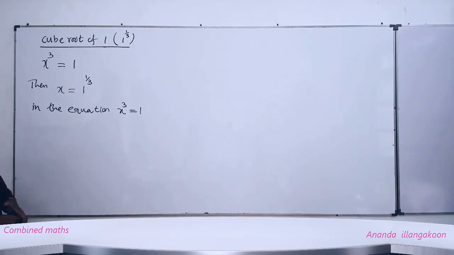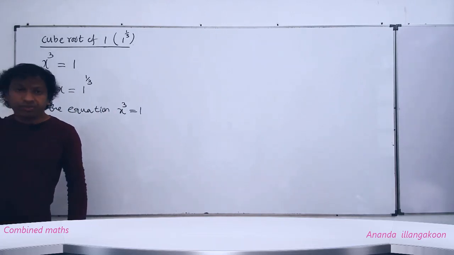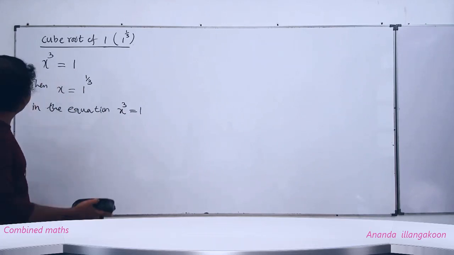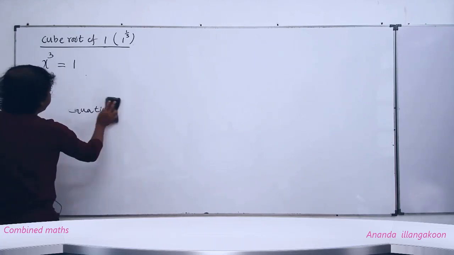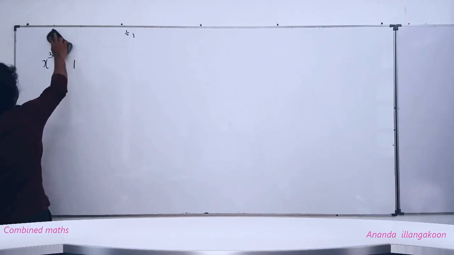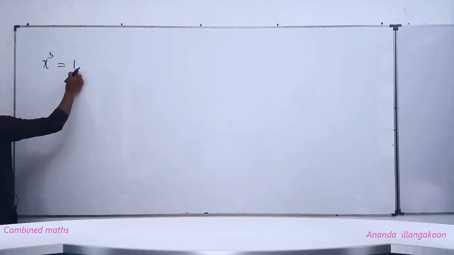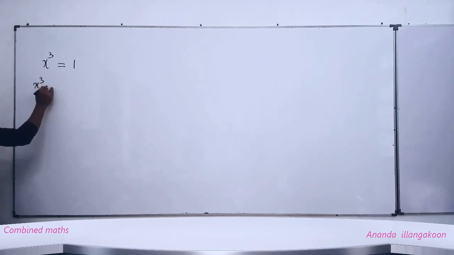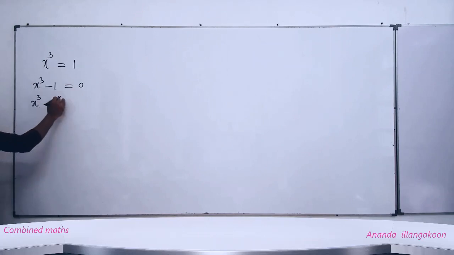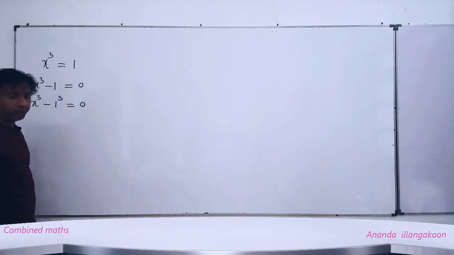Now, people, I am going to solve this equation x cube equals 1. Now I take this 1 to the left hand side, and this 1 we can write as 1 cube, 1 to the power 3, any power of 1 is 1.